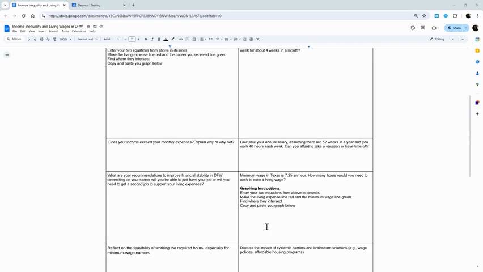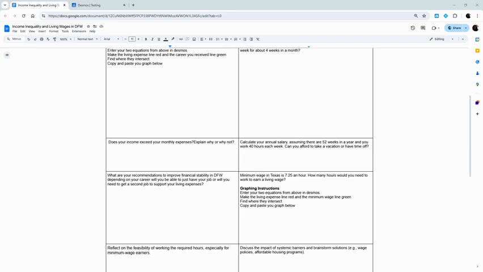So does the income exceed the monthly expenses? It doesn't, but they just can't take any days off. Calculate your annual salary, assuming there are 52 weeks in the year, so they'd have to figure out what their annual salary would be. So they'd have to take what they make, multiply it by 40 hours a week, and then multiply it by 52.